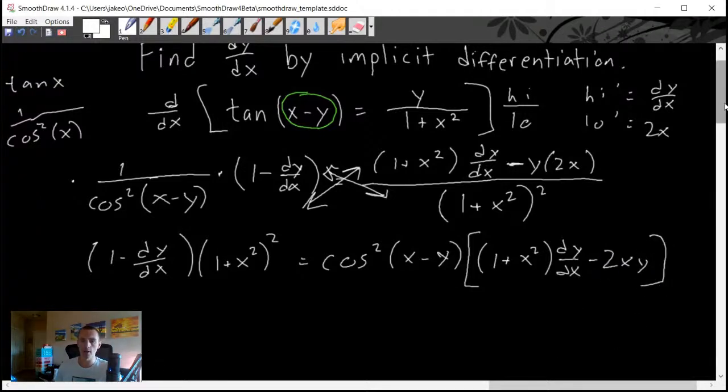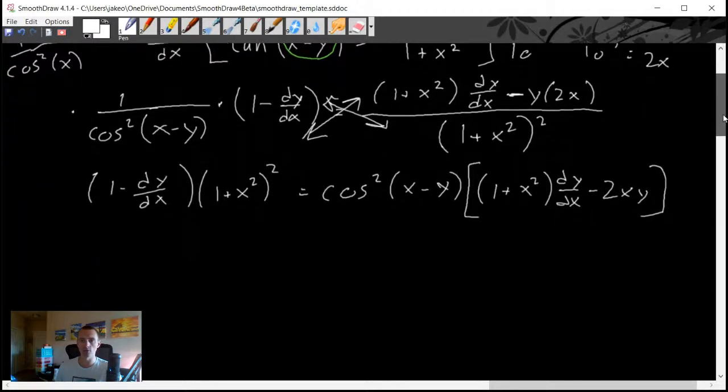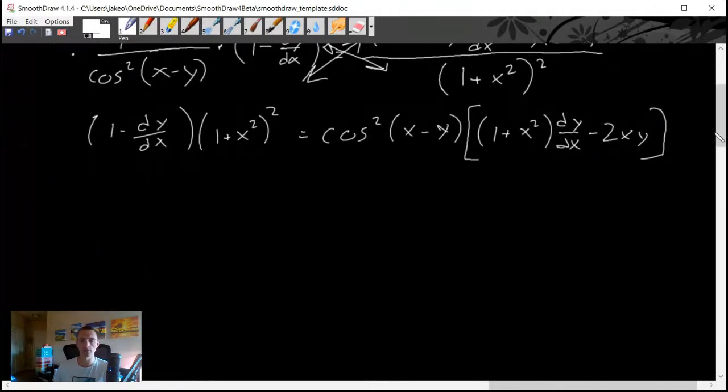Okay, so now that we've done that, we should be able to expand everything out. So basically distribute everything within the parentheses here, which might get kind of messy. And I'm thinking there's probably going to be an easier way to do this here.